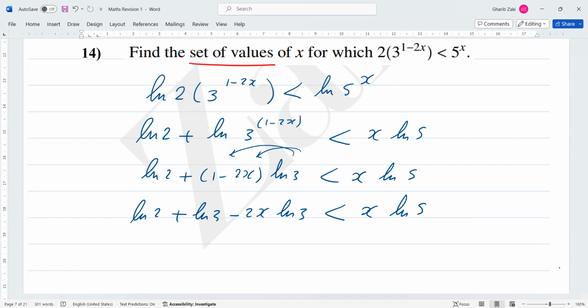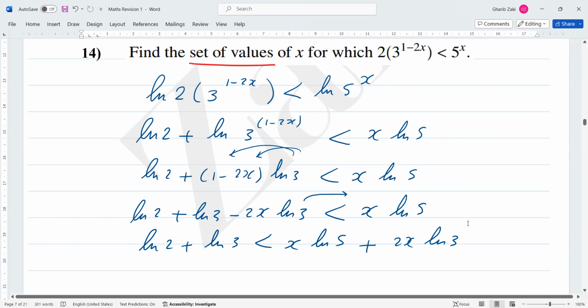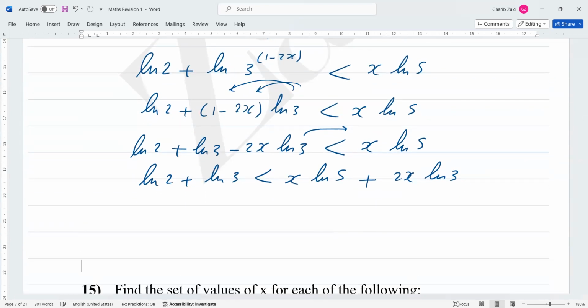Collect x's on one side, no problem, plus or minus cannot change the direction. Only divide or multiply. Then ln 2 plus ln 3 is less than x ln 5 plus 2x ln 3. We need the values of x. Take x as a common factor.